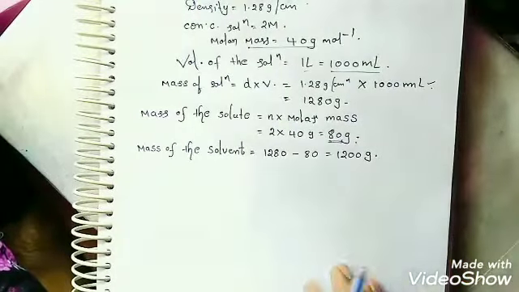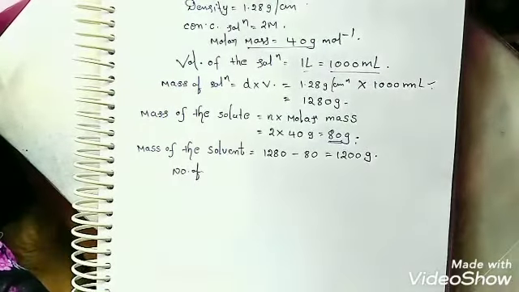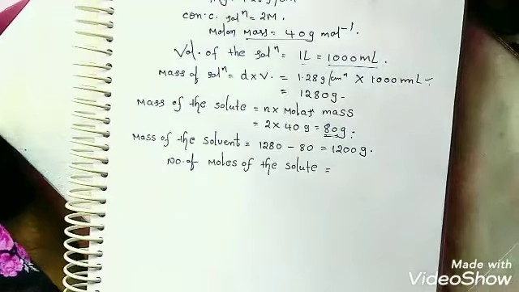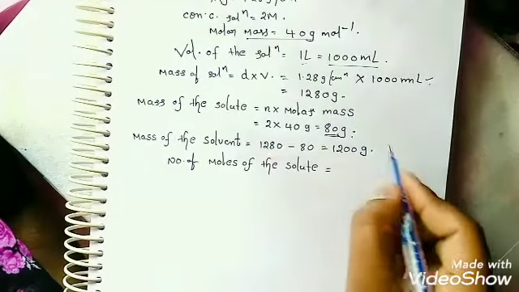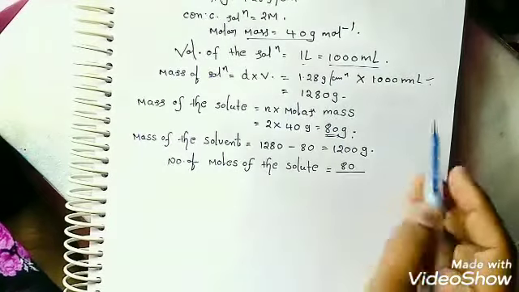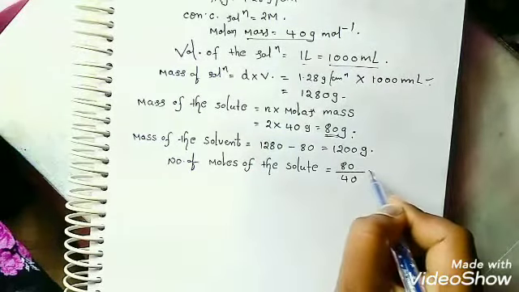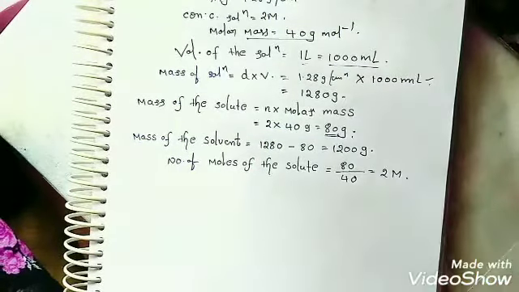Now students, the next step is the number of moles. The number of moles of the solute is equal to the mass of the solute by the molar mass of the substance, that is 80 by 40 grams. Then finally you get the answer, 2 moles.